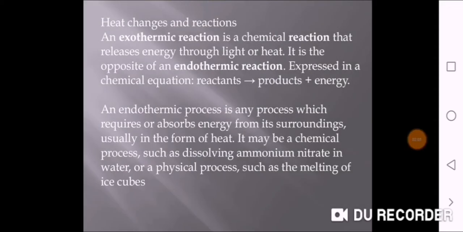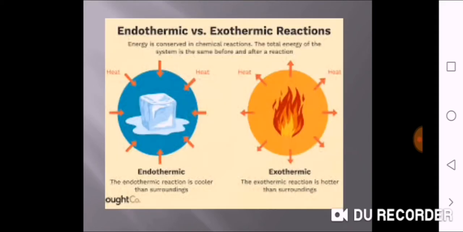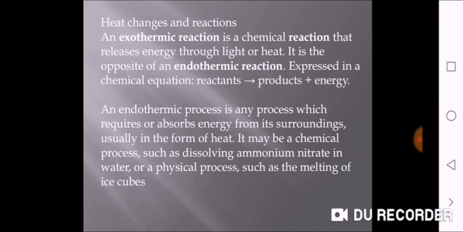In this exothermic reaction, heat is produced from the reaction, and in endothermic reaction, the process requires or absorbs energy from the surroundings, usually in the form of heat. It may be a chemical process such as dissolving ammonium nitrate in water, or a physical process such as melting of an ice cube.